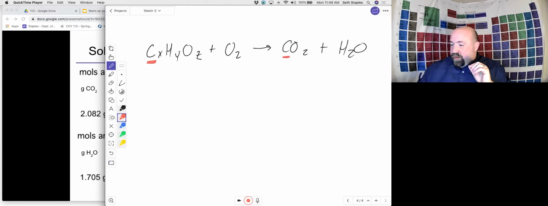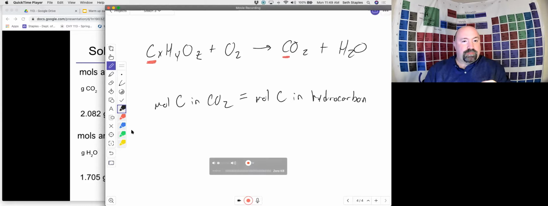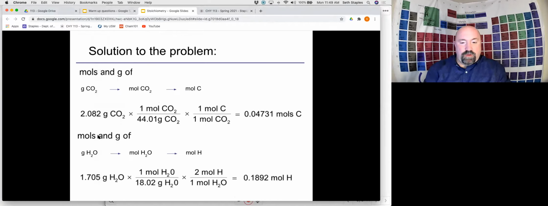And so if we are able to find the moles of carbon in CO2, that had to have been equal to the moles of carbon in our unknown hydrocarbon. That's the only place that carbon could have come from. And so that's what we do.